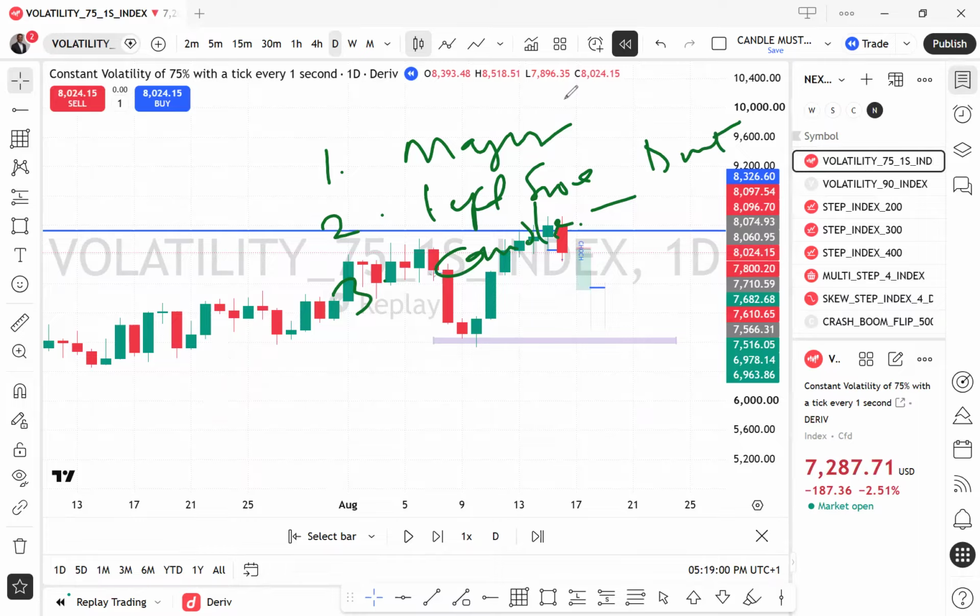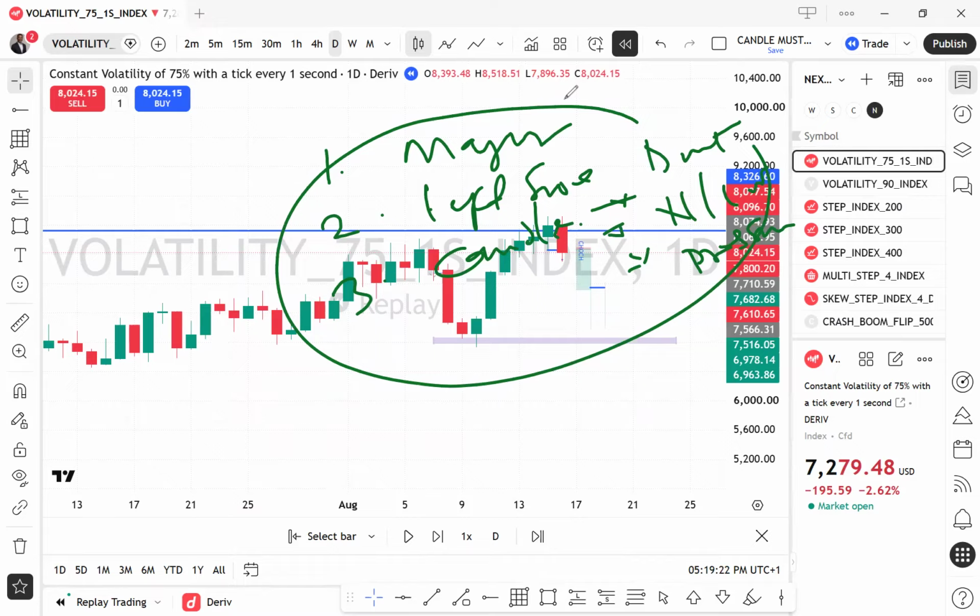That is, it's not making new highs, and since it's not making new highs, I don't expect the market to go up. Rather, it makes new lows. I'm seeing the strength, the pressure of the candle is strong. So having seen all of this, my conclusion is I'm going to be selling.